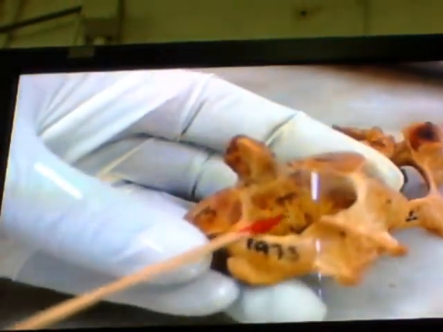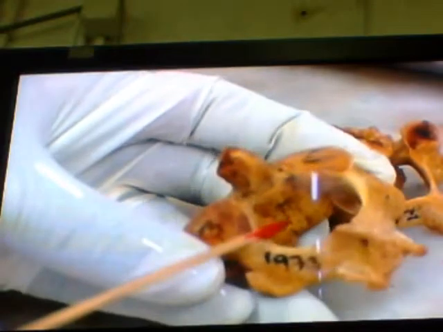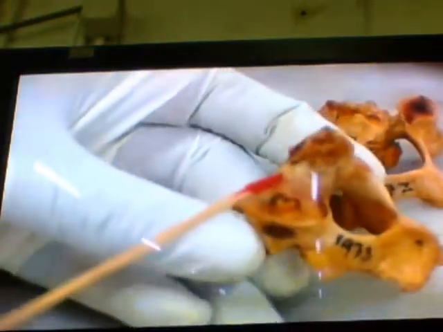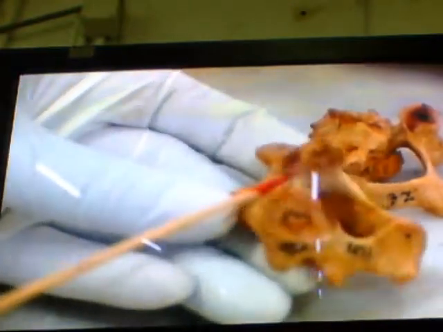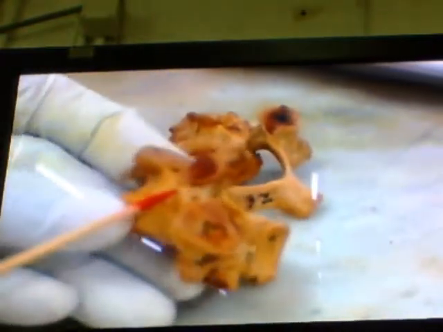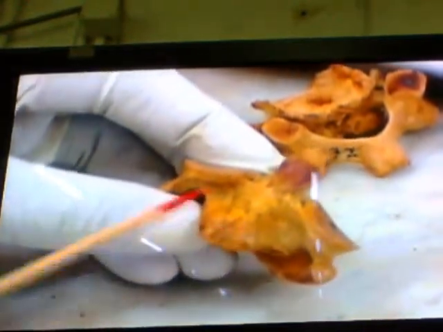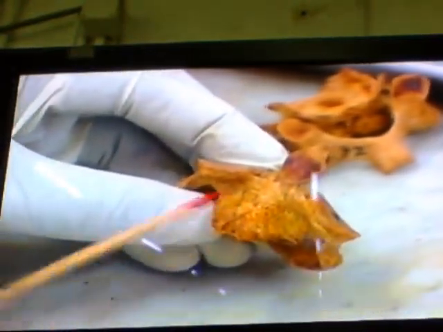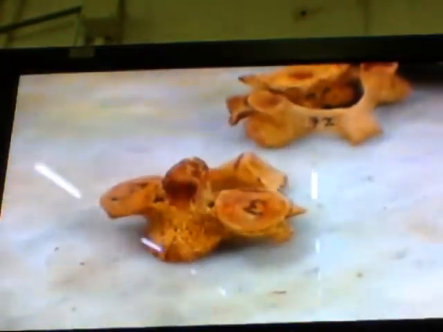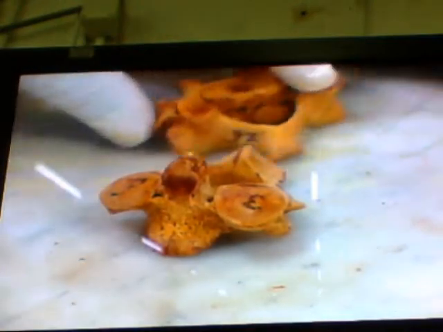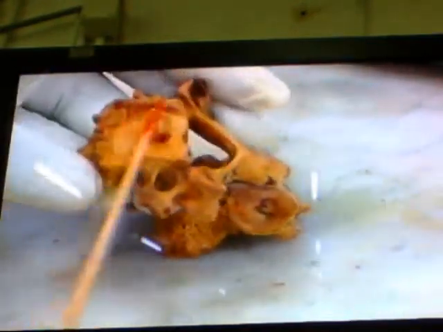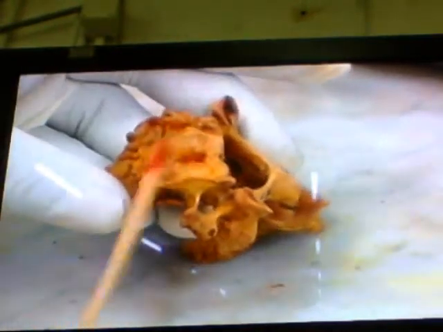You see the holes, right? So even on the neck of the bone, we have the holes. Very porous. What's the name of the joint on top here again? Uncovertebral joint.